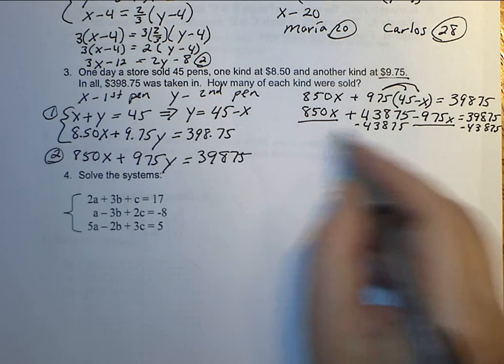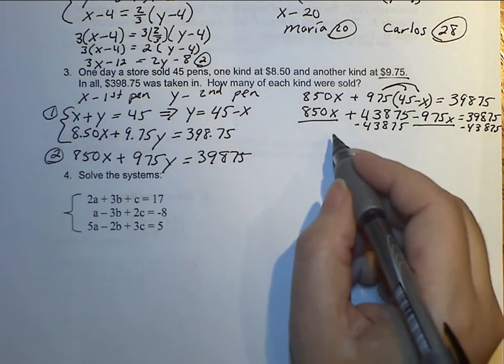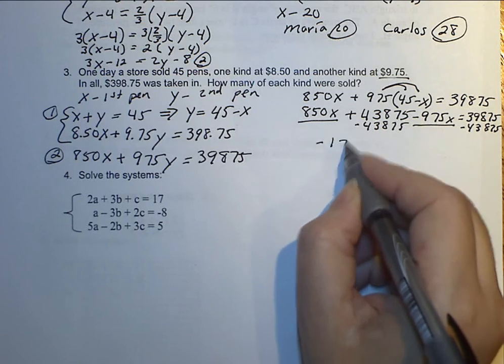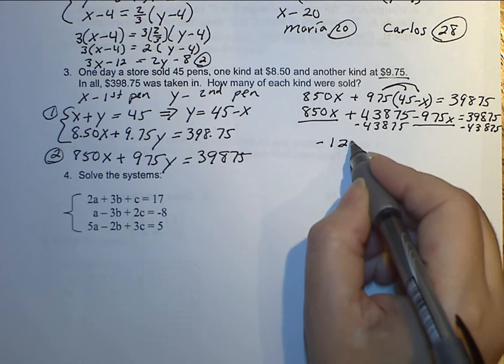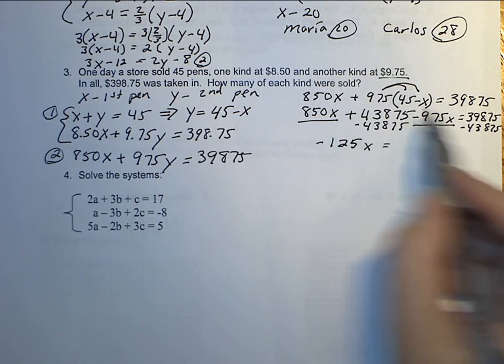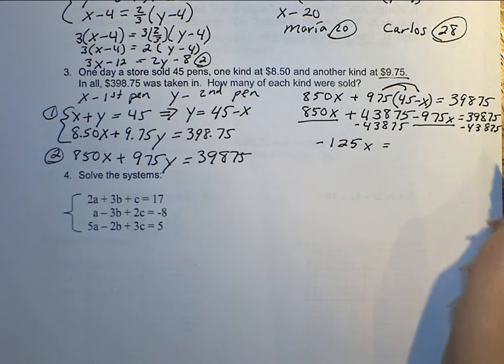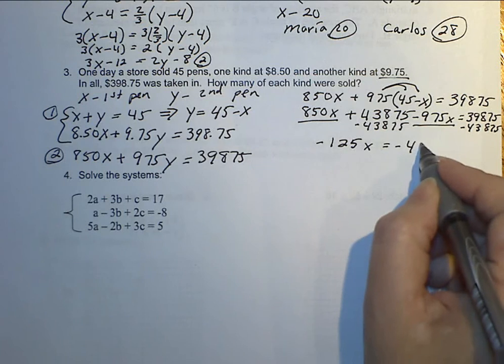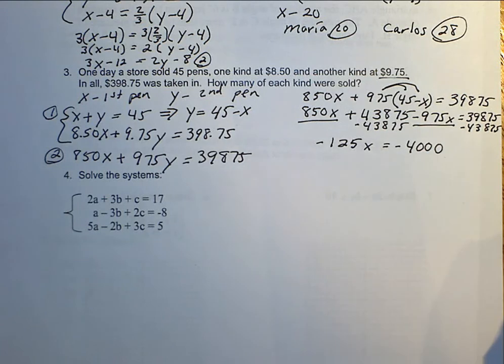So I get negative 125x is equal to, put that in your calculator, and what do you get? Negative 4,000. Alright.